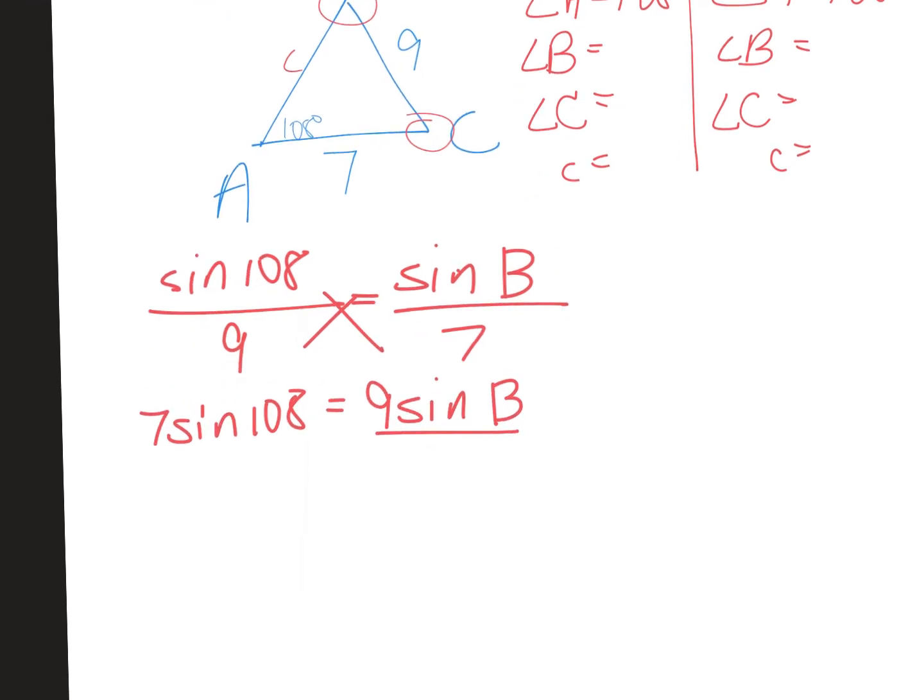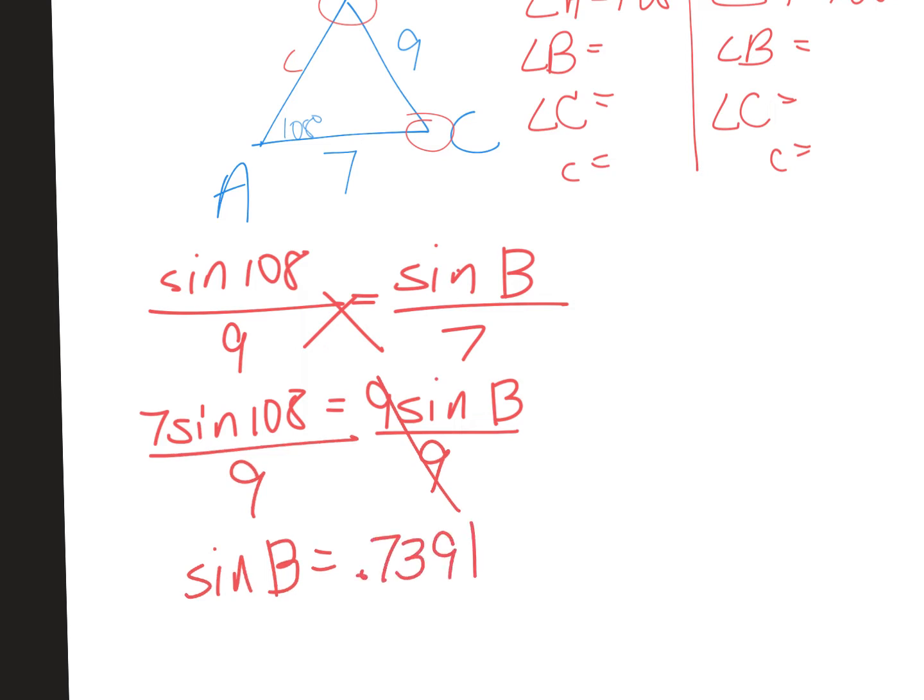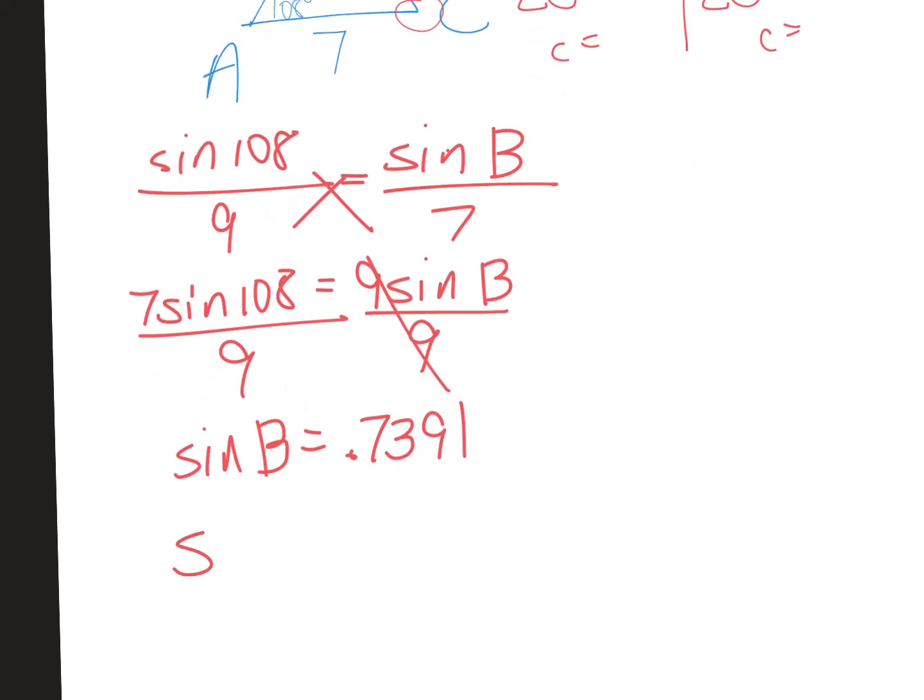Do what to both sides? Divide by 9. So you get the sine of B equals, in our calculators, when we do this, we get like 0.73971. Something like that, right? Is that the angle measure? No. So we hit second sine. Sine -1 comes up, and I get that the measure of angle B is about 48 degrees, correct?